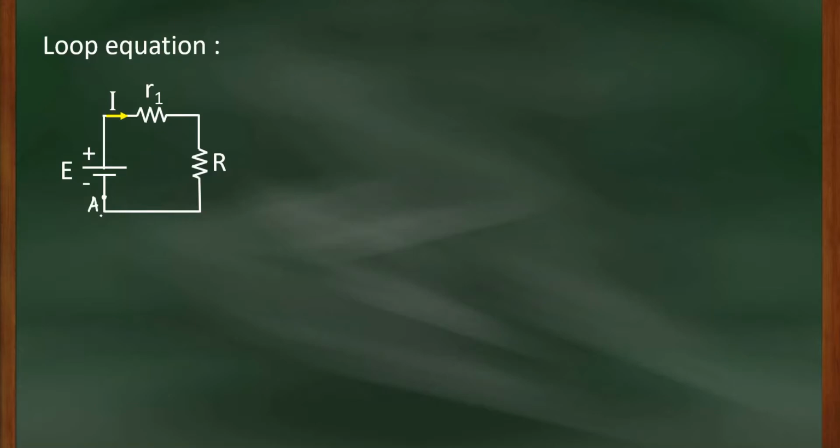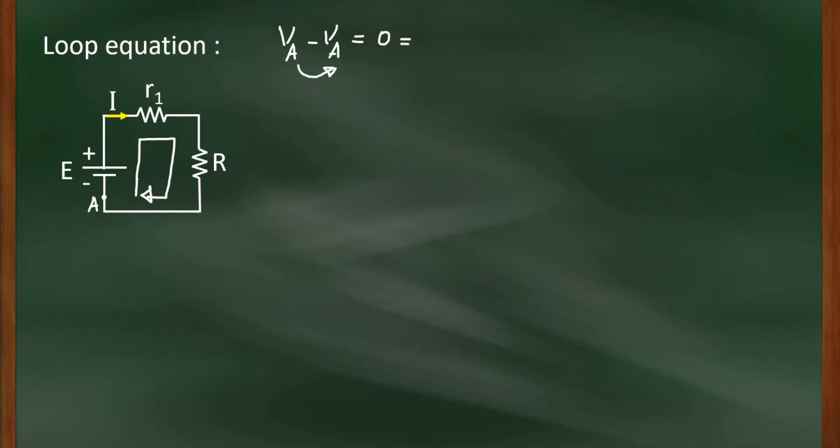This is my point A, and to go from A to A, I have 2 paths: VA minus VA. But here I have the same potential, so it equals 0. So I have this path or the other path.